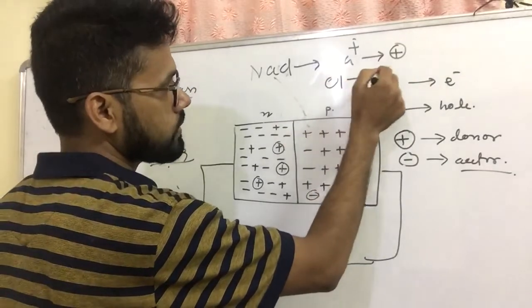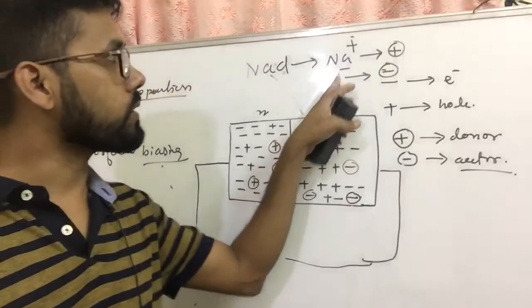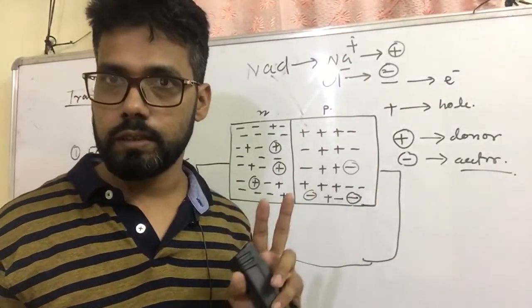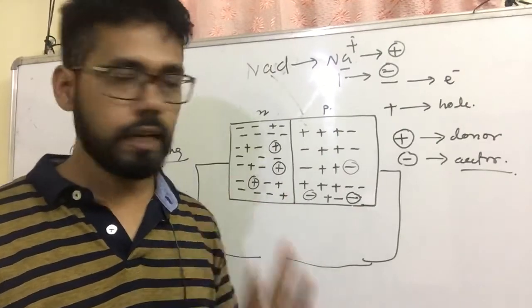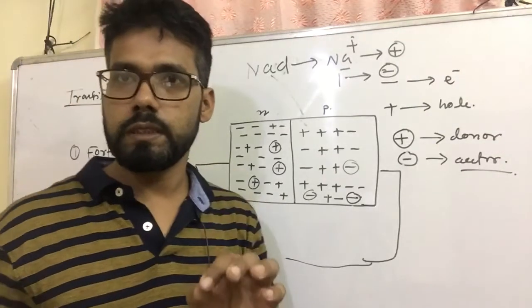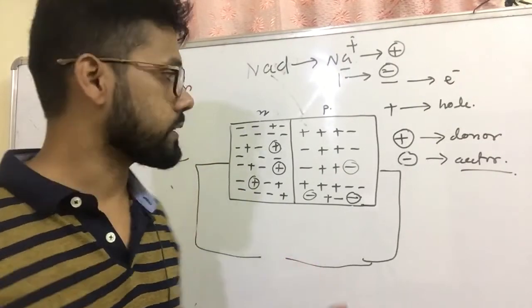Chlorine accepts one electron, so it will be chlorine negative, the acceptor. These ions are very, very heavy as compared to electron and hole. I will tell you later. Remember, ions are immovable. Immovable means they cannot move long distances because of heavy weight.